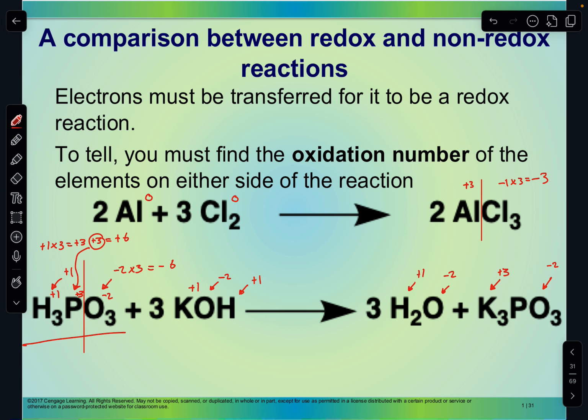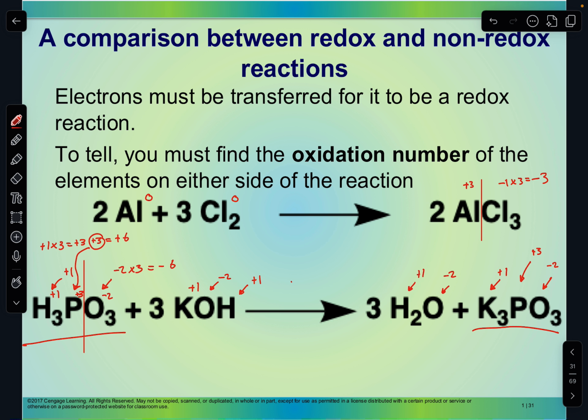And so the difference between these two, this H3PO3 and K3PO3, is that the hydrogens and potassiums have switched places. And I'm actually going to erase this because that's not true. They've switched places, but the charges haven't changed, right? Hydrogen has the same charge as potassium. So we know that the charge for potassium is going to be +3. And so this is not a redox reaction.